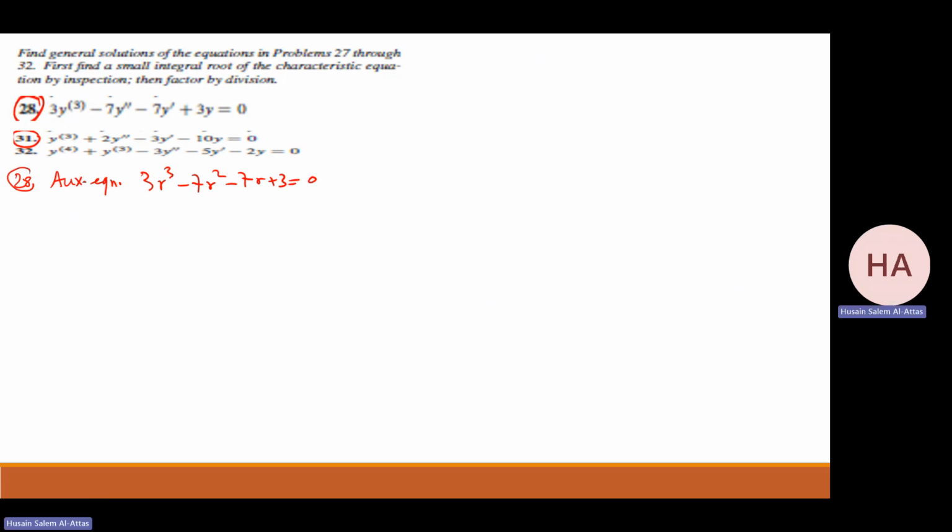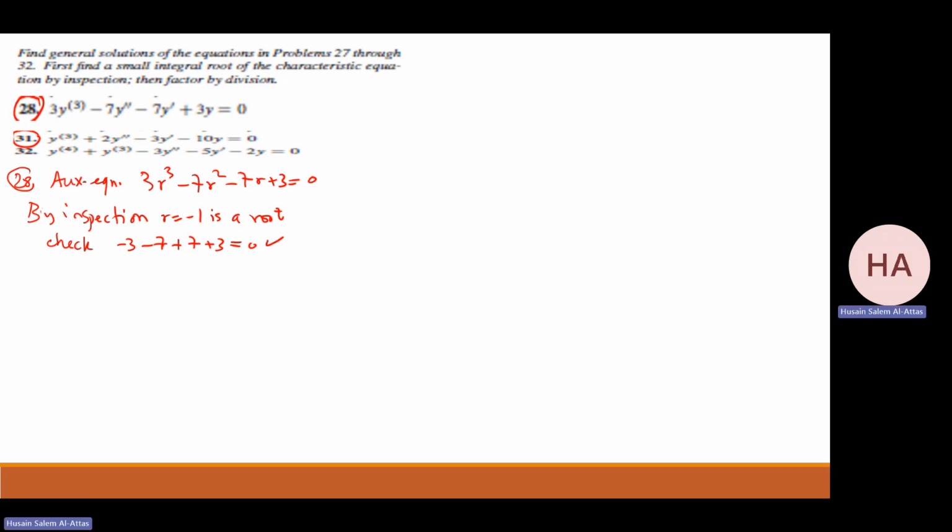Yeah, it seems to be minus 1 will be a solution, and it is. Yeah, by inspection, r equal minus 1 is a root. Yeah, check. That will be minus 3, minus 7, plus 7, plus 3, which is 0. Good.